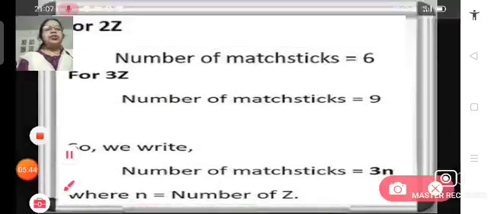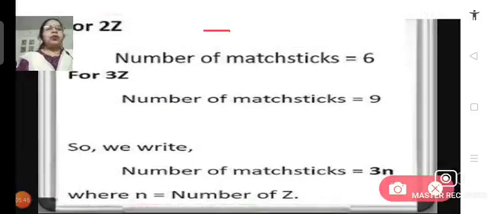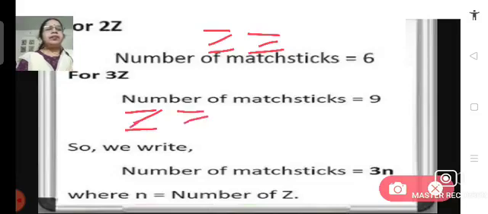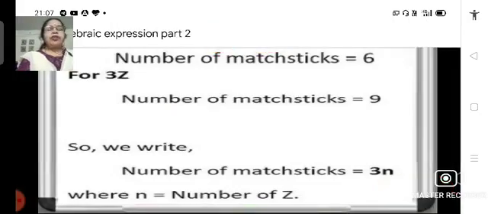For 2 Z's, we will require 6 matchsticks, isn't it? Similarly, for 3 Z's, we will require 9 matchsticks, isn't it?